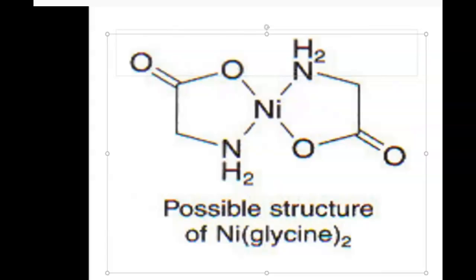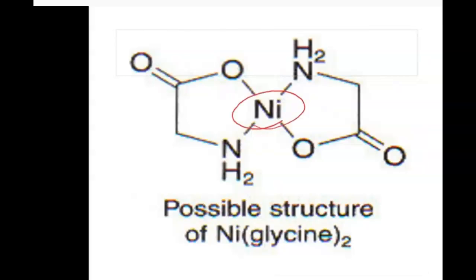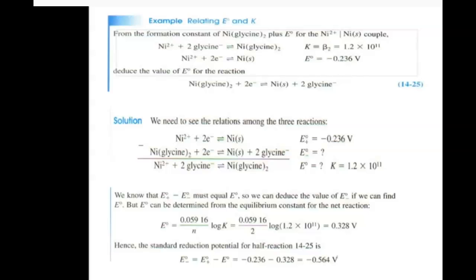And that's in the complexation chemistry that we talked about. So here is your nickel right there in the middle, and you have these ligands that are attached to the nickel on both sides. And why are we looking at this? This is the basis of this kind of example that we also saw in quant.